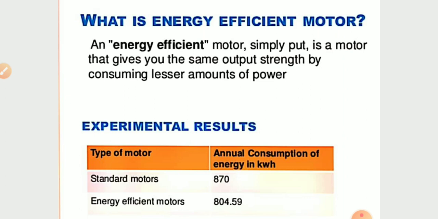If we replace a standard motor with an efficient motor, we can reduce the losses in the motor. By this, the output of the motor will be the same, and it will consume less energy.